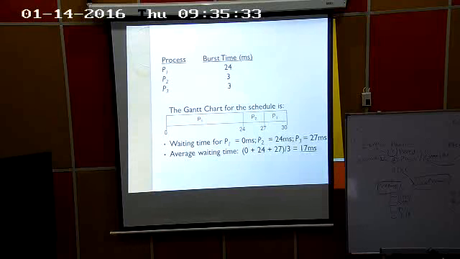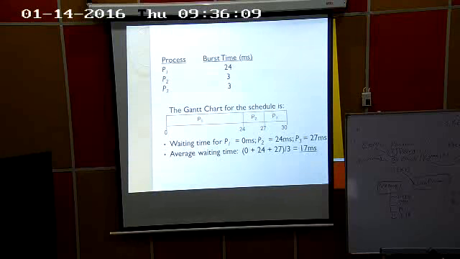Okay, Gantt chart. A Gantt chart is for planning, right? Draw the Gantt chart for this table, for example. If the question didn't mention the arrival time, assume the arrival time is 0. Just start from 0.